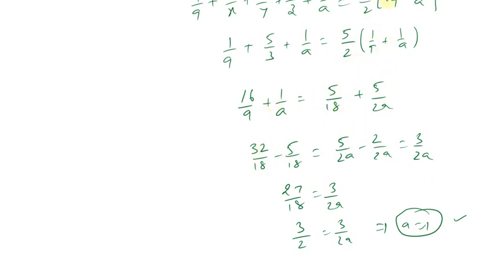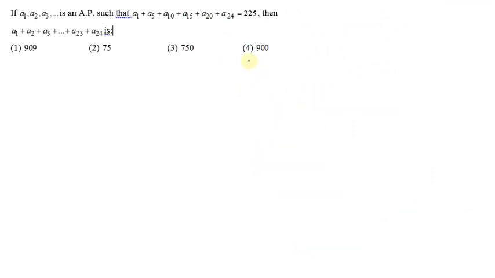Okay, move to the next one. So this model is also very important. If a1, a2, a3 are in AP, such that a1 plus a5 plus a10 plus a15 plus a20 plus a24 is equal to 225.